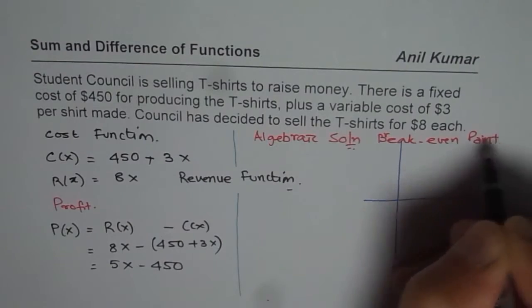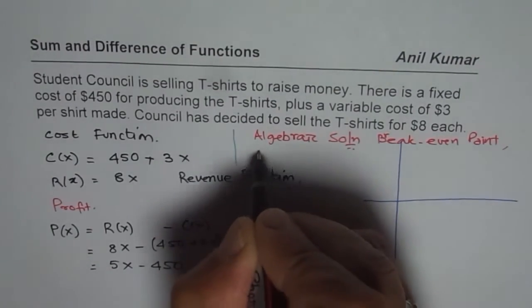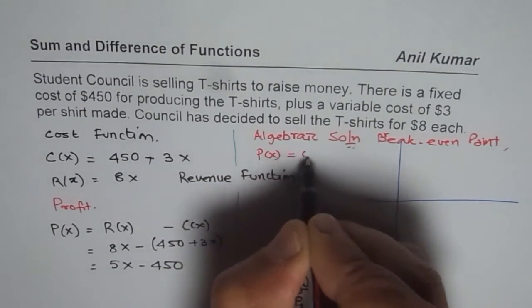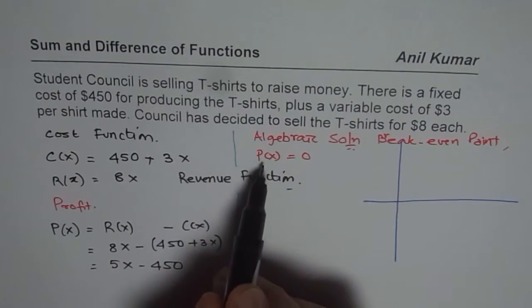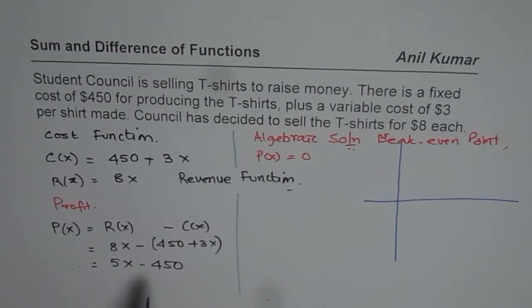Now break-even point is a point where profit is equal to 0. That means we have taken care of all the cost at that point, right? Anything produced beyond that is going to give us some profit. That is the whole idea. So at break-even point profit is 0, so we can substitute 0 here and solve.